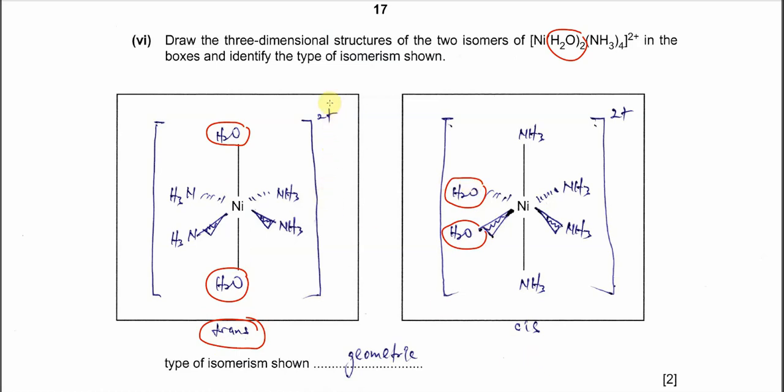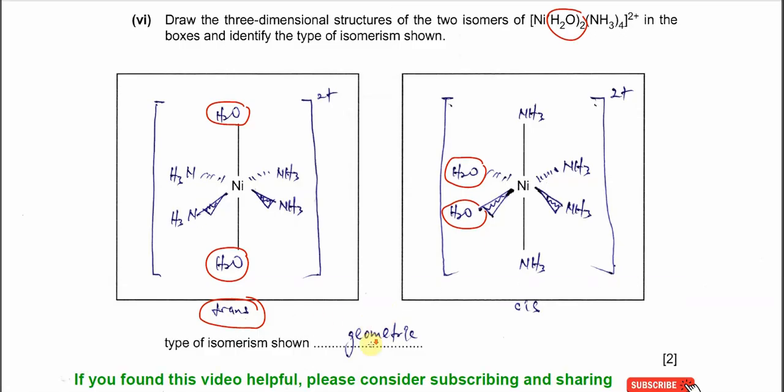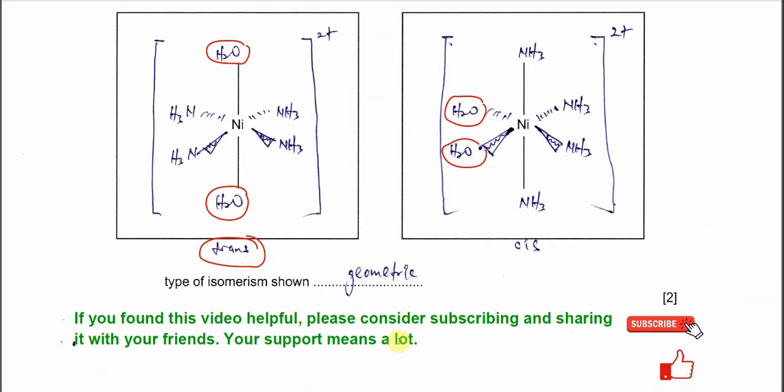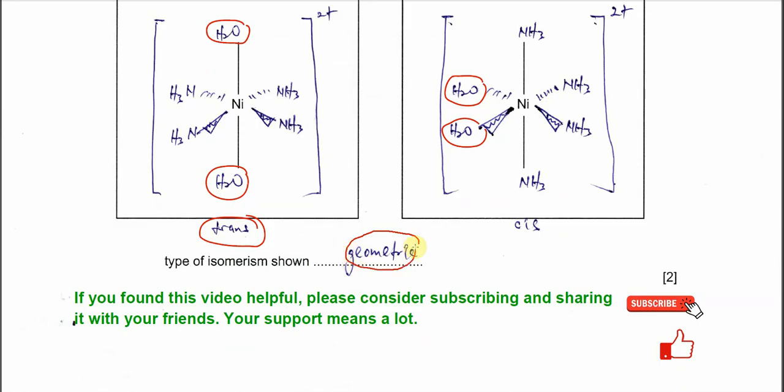Remember to put the charge here. Since this one can only form cis and trans isomers, the type of isomerism shown is geometric. Actually, you can put cis-trans. Geometric is cis-trans isomerism. I hope you understand. Okay, and thank you.